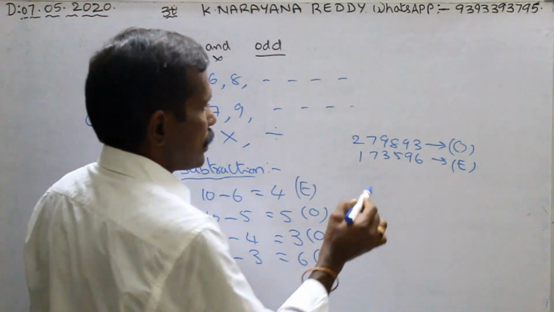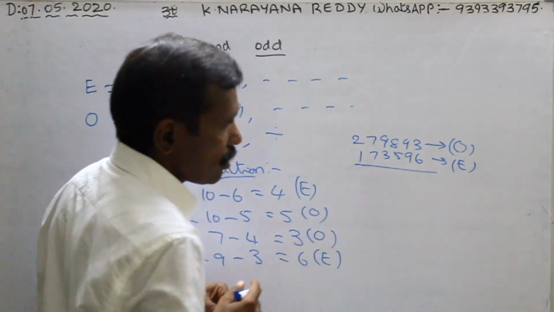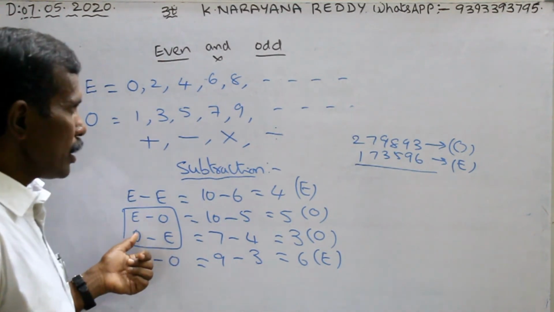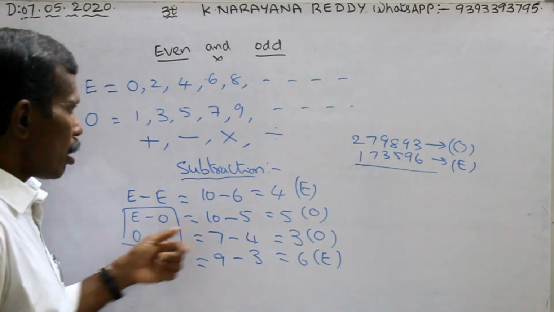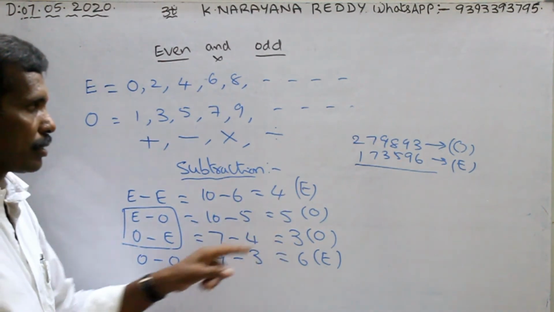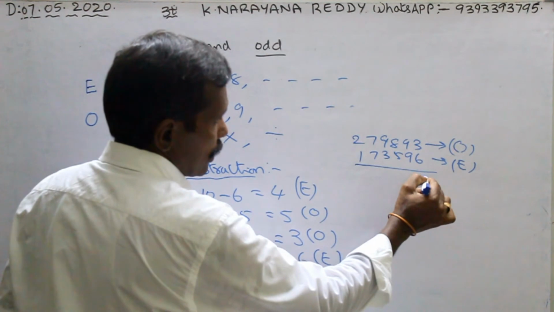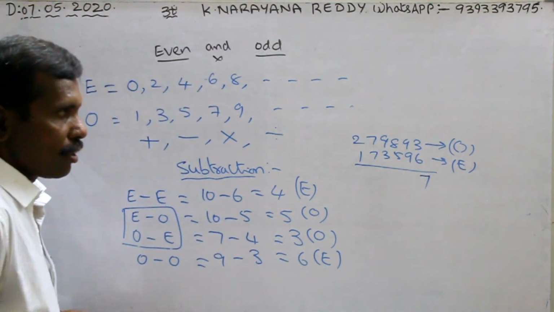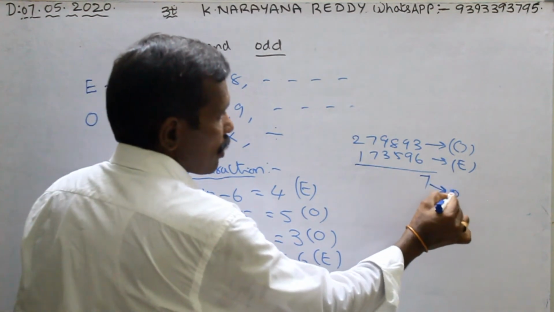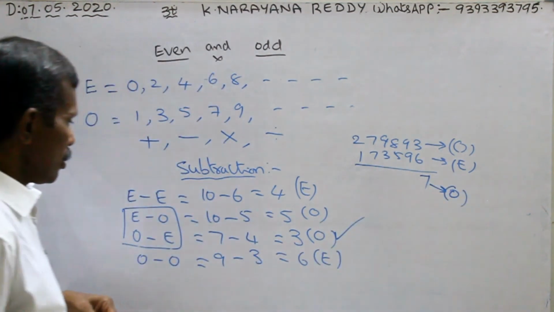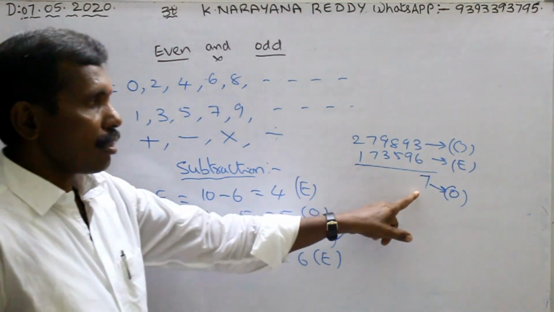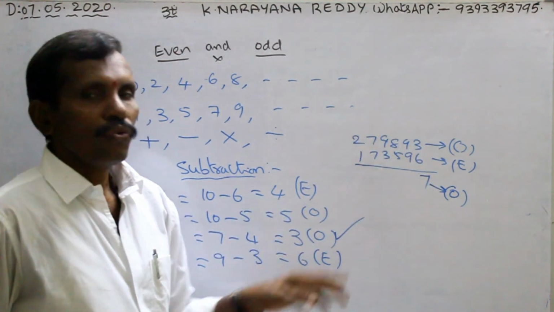Okay? Big digits. Now, what is the answer? See here, odd minus even gives odd. So 13 minus 6 is 7. Is 7 odd or even? Odd. That's all. Odd minus even.